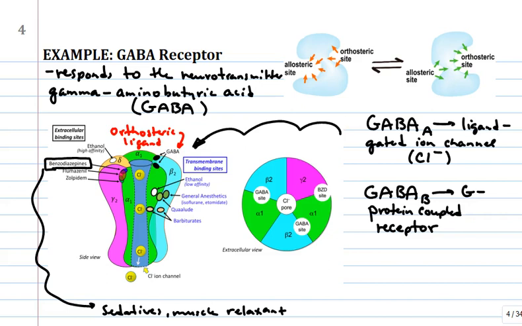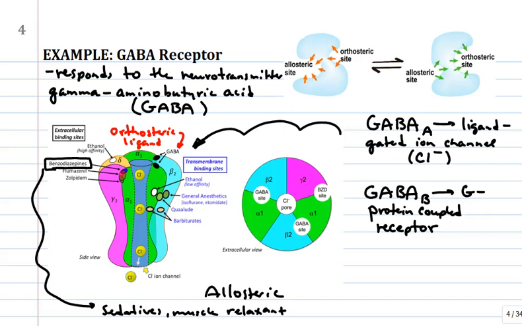Well, benzodiazepines bind to an extracellular binding site away from the orthosteric site. Therefore, it is allosteric. Benzodiazepine is allosteric. And it enhances the effects of gamma amino butyric acid.